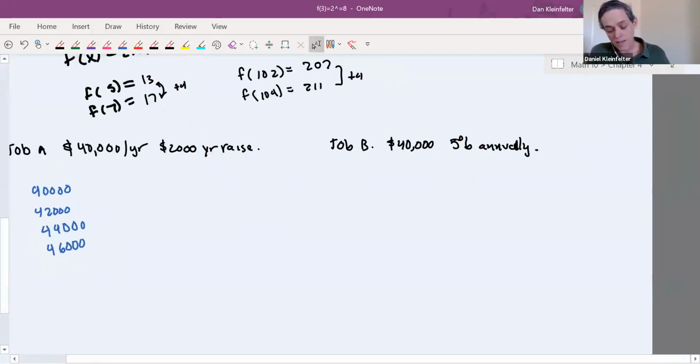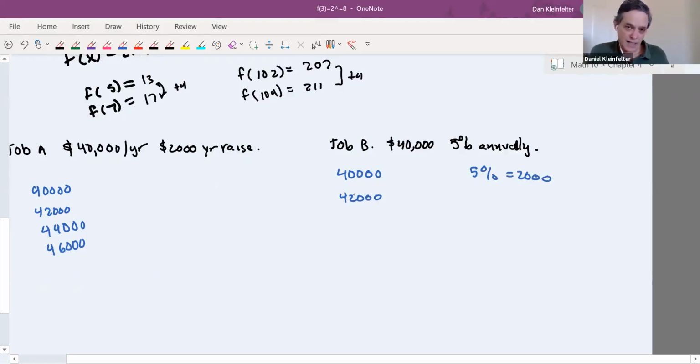Okay, job B, you make $40,000 in the first year. Okay, and then you're going to get a 5% annual raise. So 5% is going to be $2,000, so you're making $42,000.